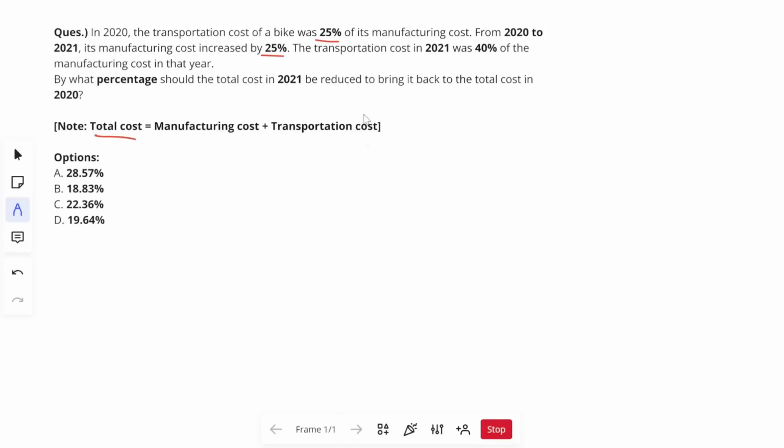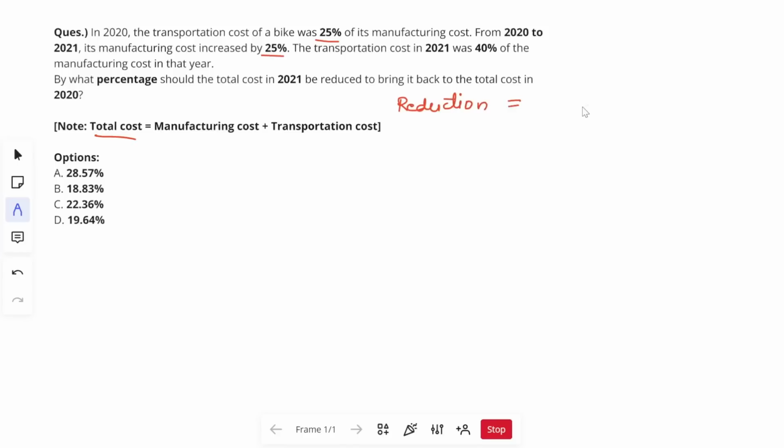So first thing is we need to find a few things. See what it is asking: by what percentage should the total cost in 2021 be reduced to bring back the total cost in 2020? So what we can say is reduction. This can be called reduction, right? Because we are reducing things. So how can we do the reduction?